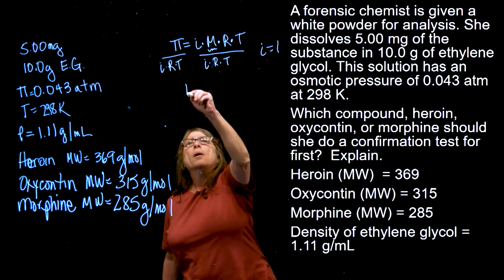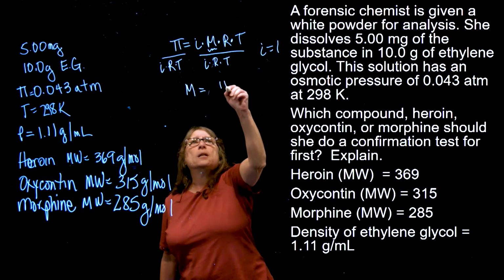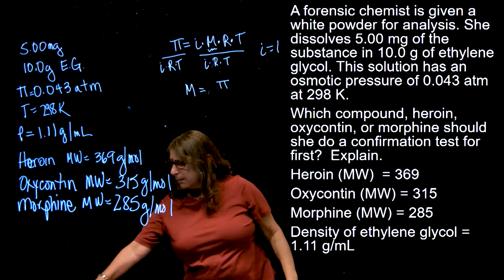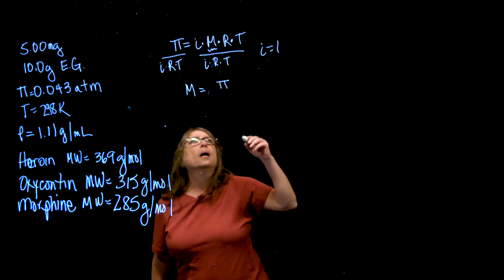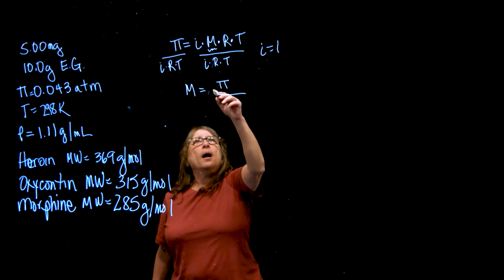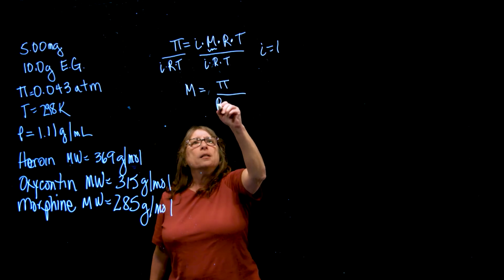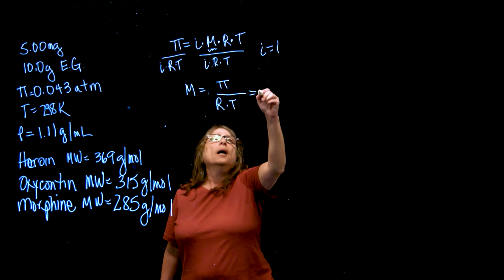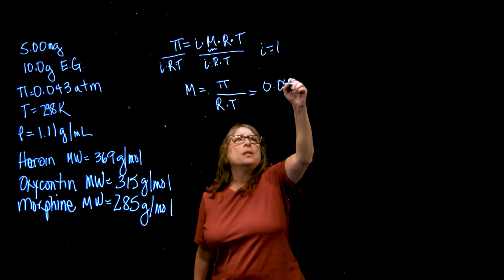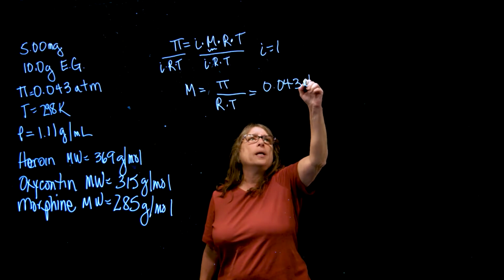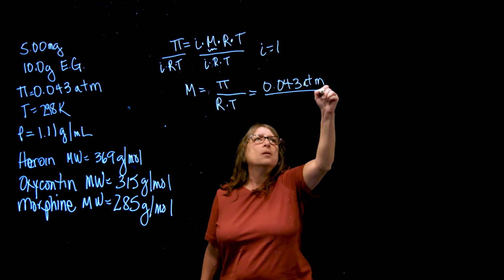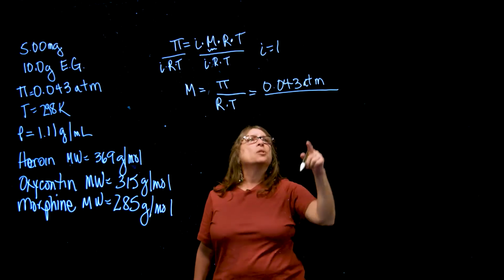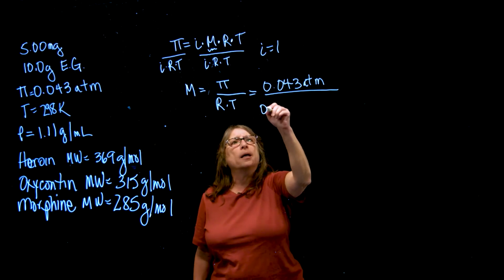And so my molarity is going to be pi divided by i, which is 1, times the gas constant times the temperature. And now I can put my values in: 0.043 atmospheres. I need R in atmospheres, so the atmospheres will cancel.